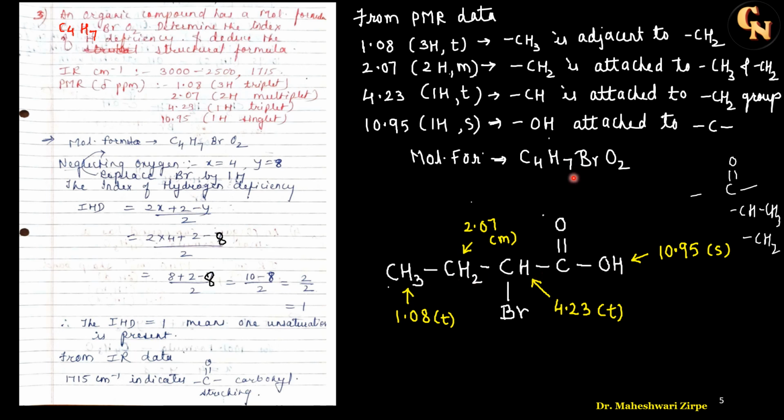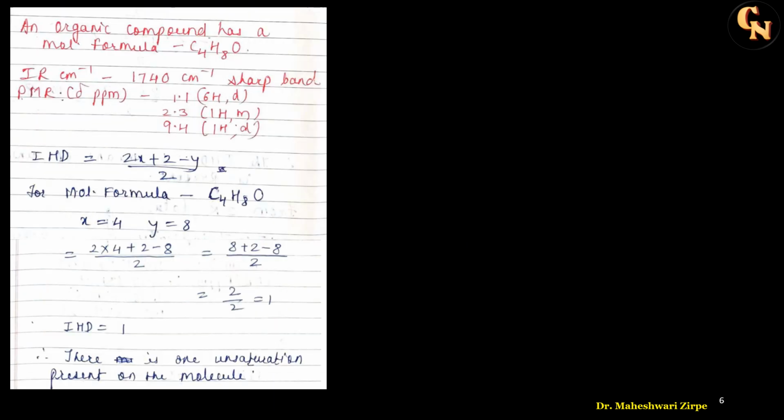So it is matching our molecular formula. Then there is a Br group which is attached with CH, and there are 2 oxygens which are on the carboxylic acid group. This way we have elucidated the structure for the given numerical.